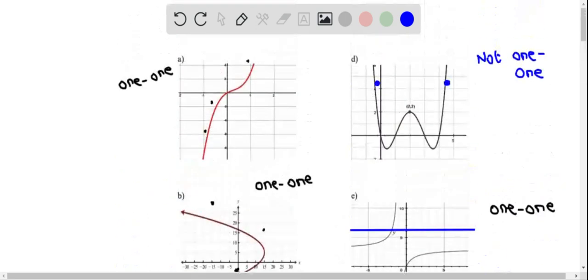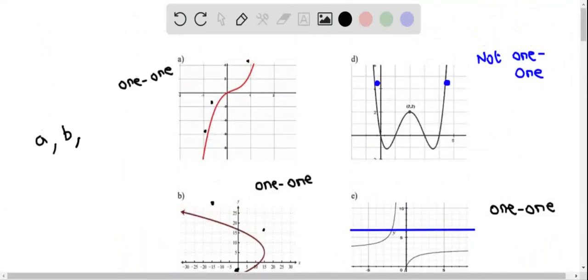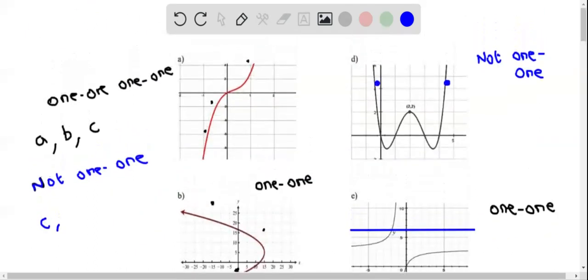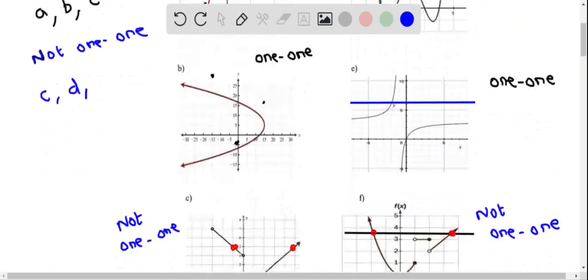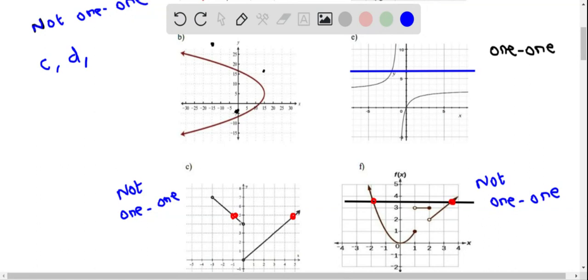Therefore, the graphs in A, B, and E are one to one, and the remaining graphs, that is the graphs given in C, D, and F, are not one to one.